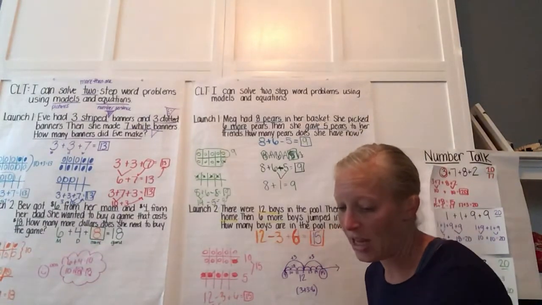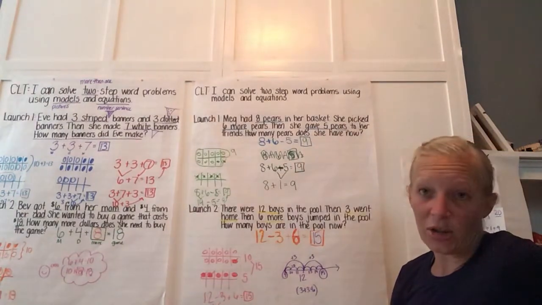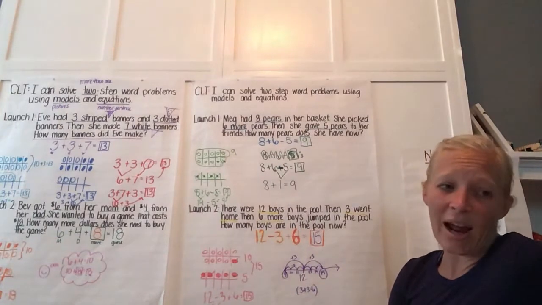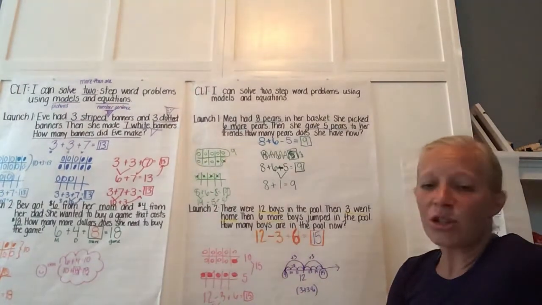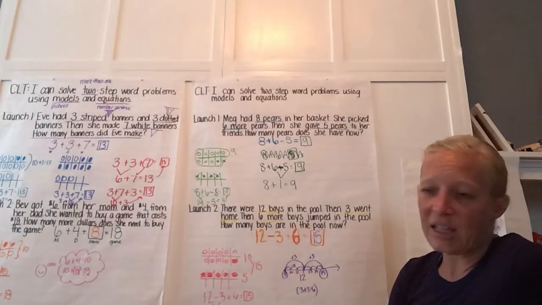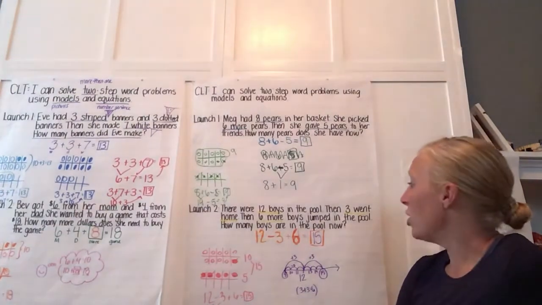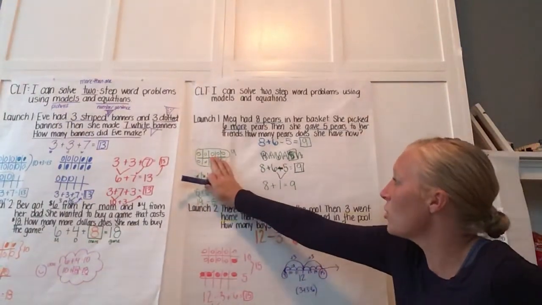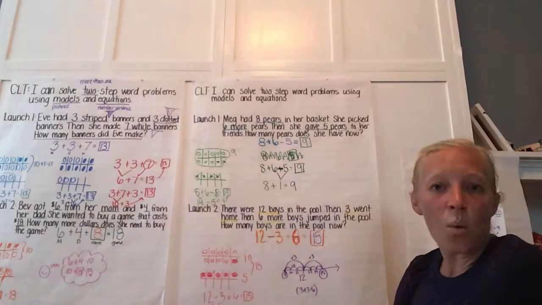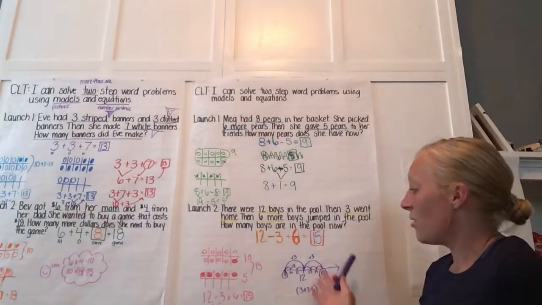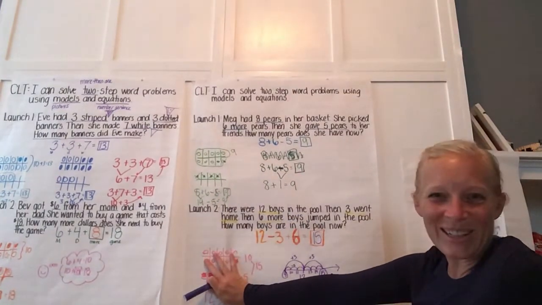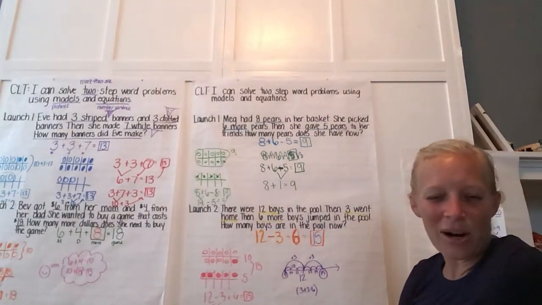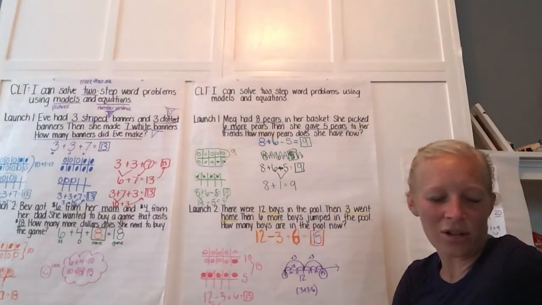Well, friends, I have to tell you, you have some more problems to do. And these problems, some you're going to be adding first, some you're going to be subtracting first, but there is a mixture. I do want you, if you're using your counters, please keep using them if it helps you. But look and see, what do you notice? When we were solving this one up here, we had our counters, but we also showed a way to do that with our equations. And down here, we had our counters, but then we have a way to do it on a number line, and some of the same things happen on our number line that happened when we had our counters on our 10 frames.